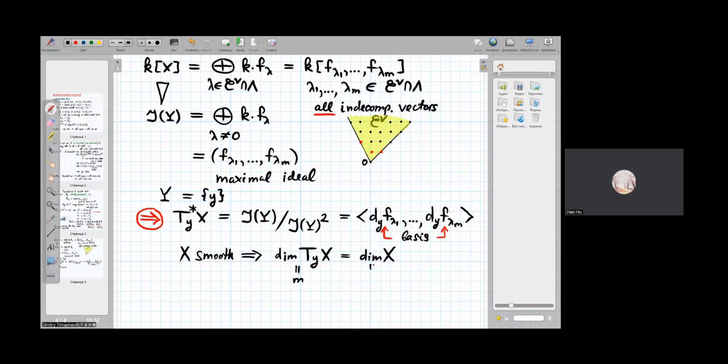And this dimension is the rank of the weight lattice, lambda.